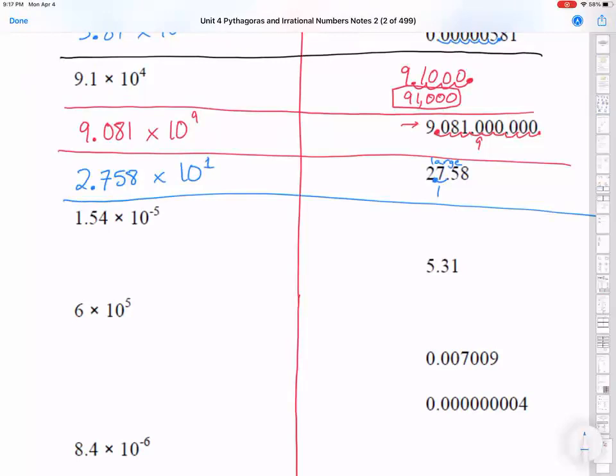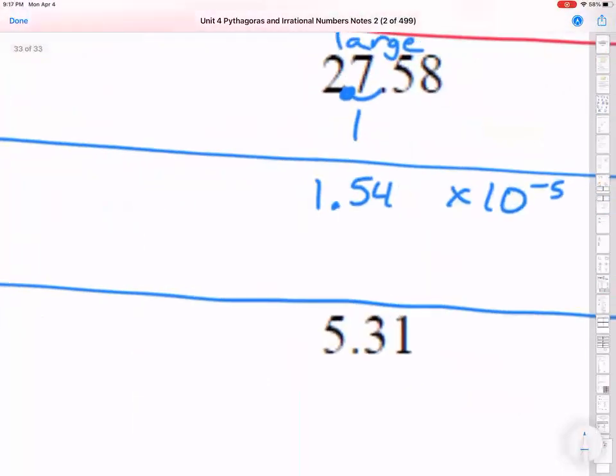Next up, we're starting off in scientific notation, trying to get it to standard. So if I have 1.54 times 10 to the -5th, what I'm going to do is move that decimal place over 5 times to the left because it's a negative exponent.